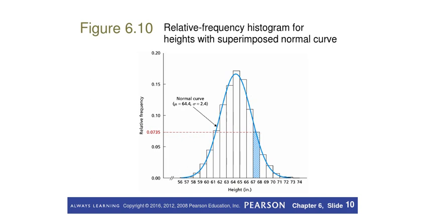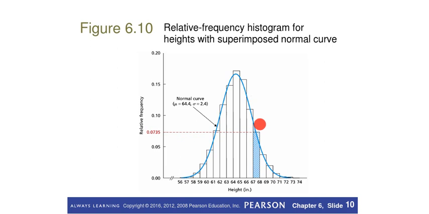So if we said, what was our probability here? We could actually say the probability of finding somebody between 67 and 68 inches would be, let's see, 1 times 0.0735. That's actually the height right here. Notice on our vertical axis, that height right there represents the probability, at least approximately, right?